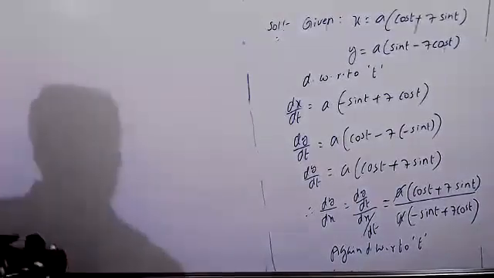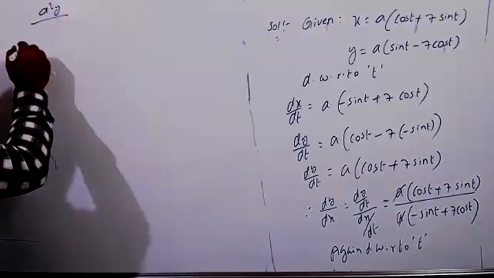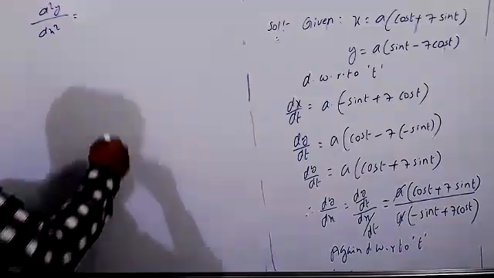Next, you can write, again with respect to x now. So d square y by dx square, the u by v formula can be applied.